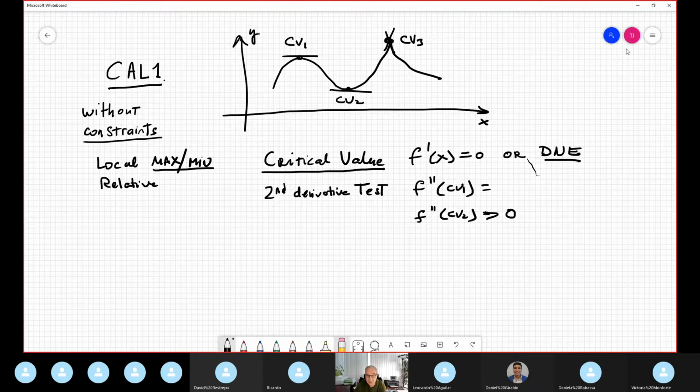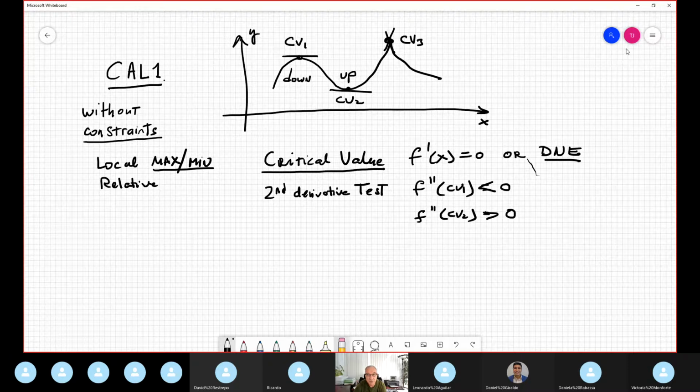It's positive because remember the geometric meaning of the second derivative is concavity. When it's concave up like that, the second derivative is positive. When it's concave down, it's like that.